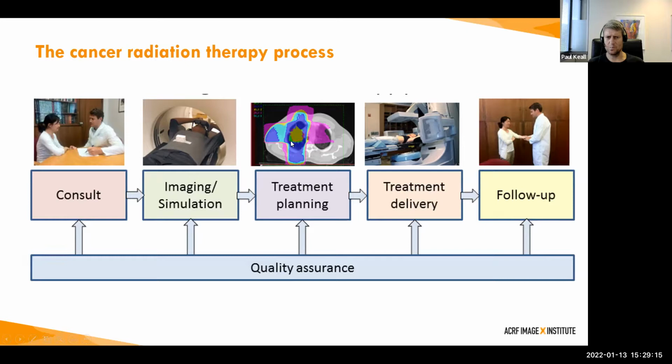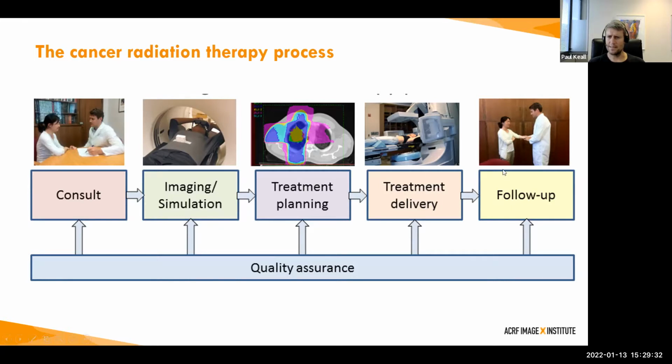So this is where we're simulating what is going to happen in the treatment, and then the patient goes to the treatment unit, where they are treated typically in 1 to 30 individual sessions.